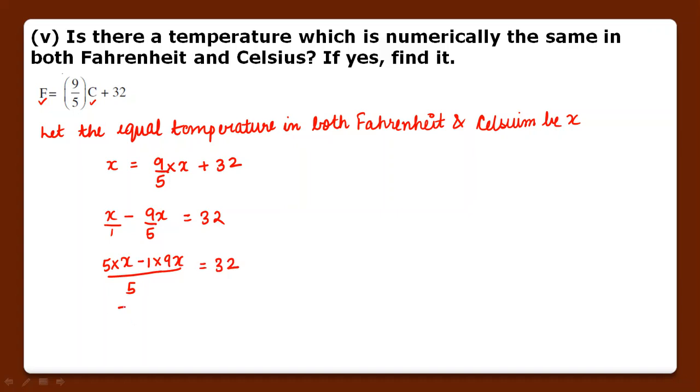So what we will get? 5x minus 9x equals, as this is in division, it goes to multiplication, 32 into 5 will be left here. 5x minus 9x, minus 4x equals 32 into 5.